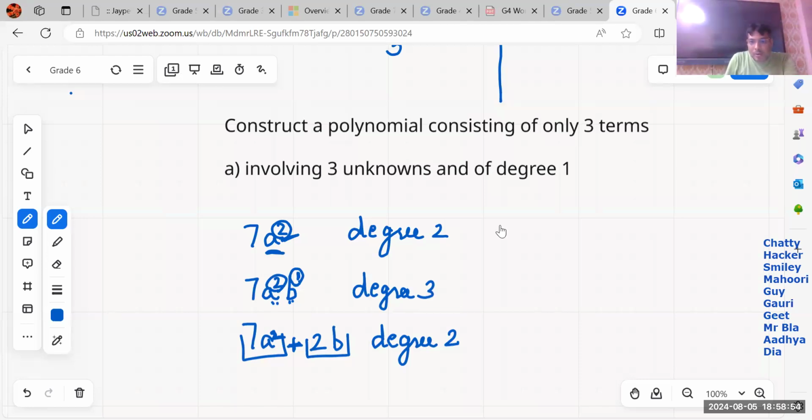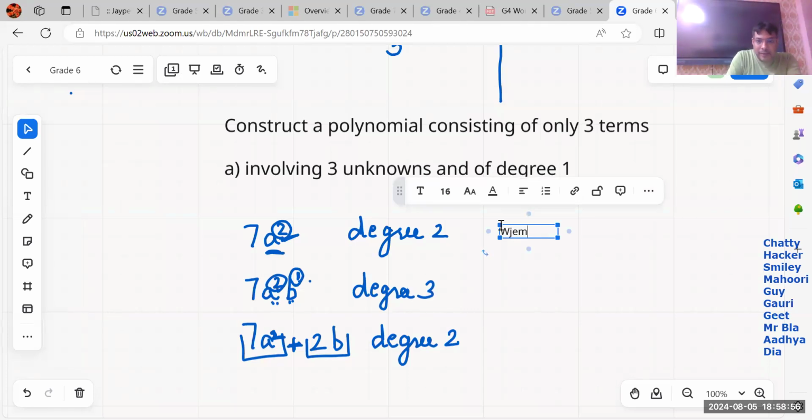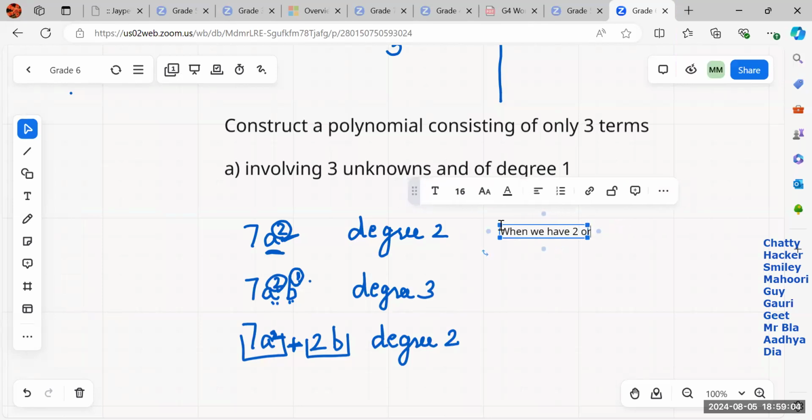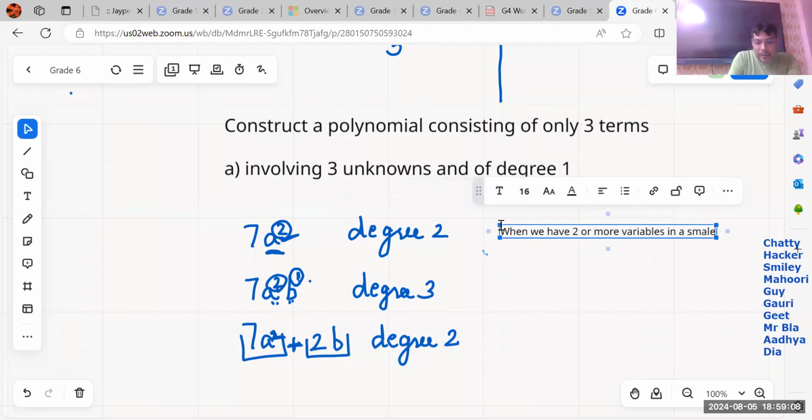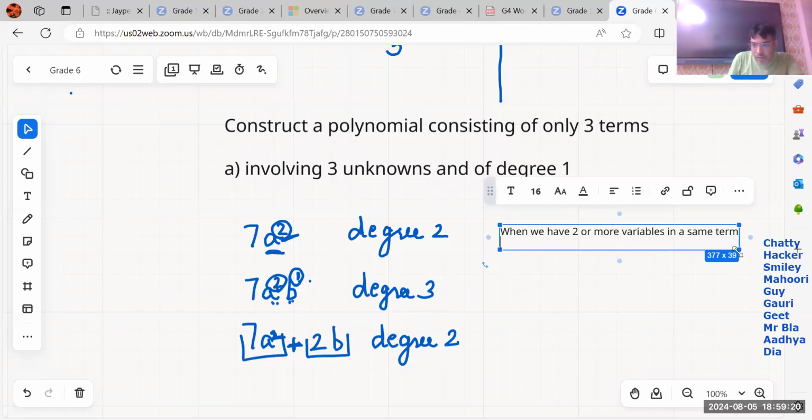Let me write it also. When we have 2 or more variables in the same term, because this term is the same, in the same term, in brackets I am writing multiplication.